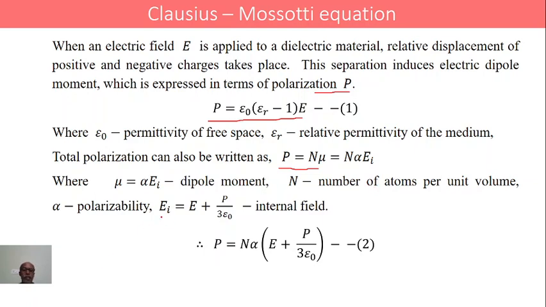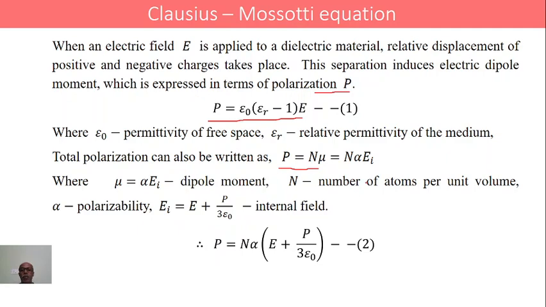And E_i is given by the expression E plus P by 3 epsilon naught, where E is the externally applied electric field, P is the polarization, and epsilon naught is the permittivity of free space.